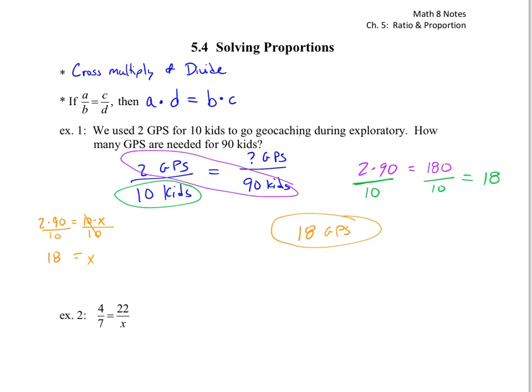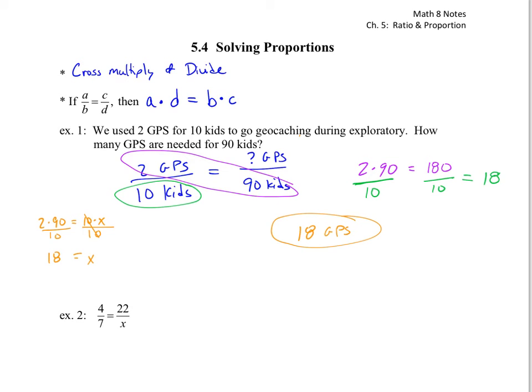Okay, so that's the algebra piece of it. All right? What you need to learn from today is multiply on the diagonal, divide by whatever's left. It does not matter that in this example the diagonal went the way it did. In another example, you might have a different blank filled in.